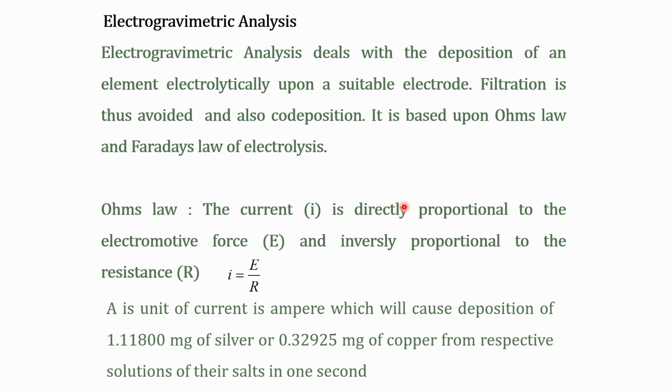And in normal gravimetry, there will always be a certain amount of co-deposition, and then some other metal elements may deposit, and sometimes coagulation may take place, sometimes co-precipitation may take place. Several other complications are essential evils associated with gravimetry. So, one has to learn a lot of chemistry to do the gravimetric analysis.